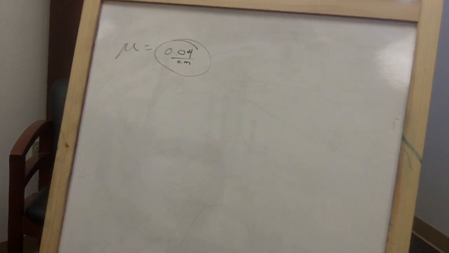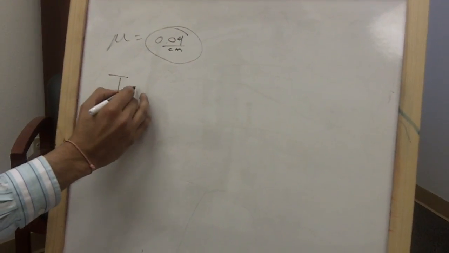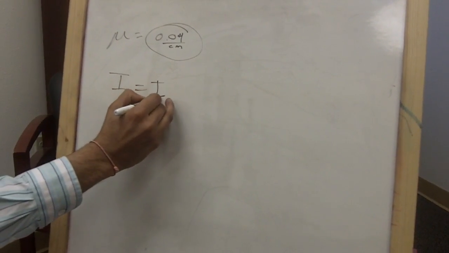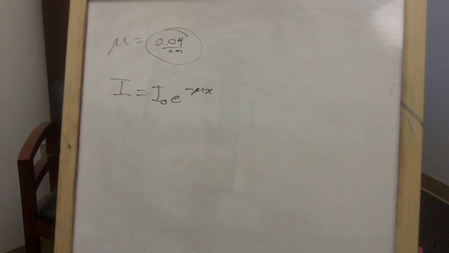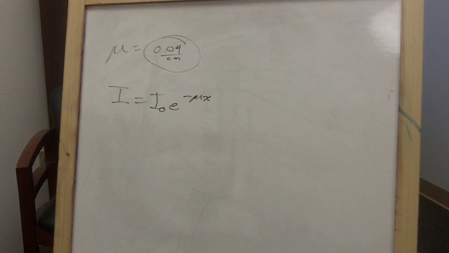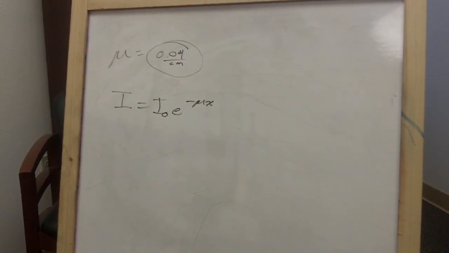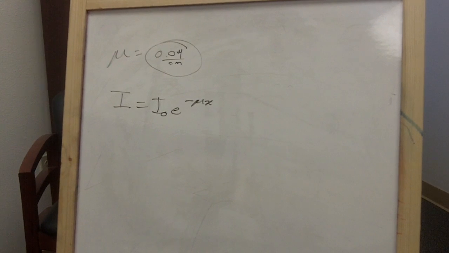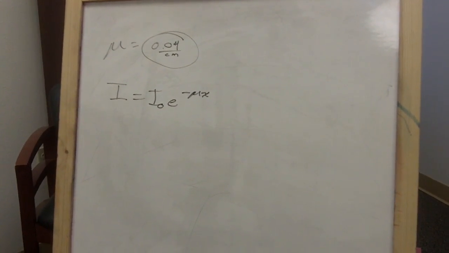So what's the formula we're going to use? I equals I-O e to the negative mu x, where x is your thickness.